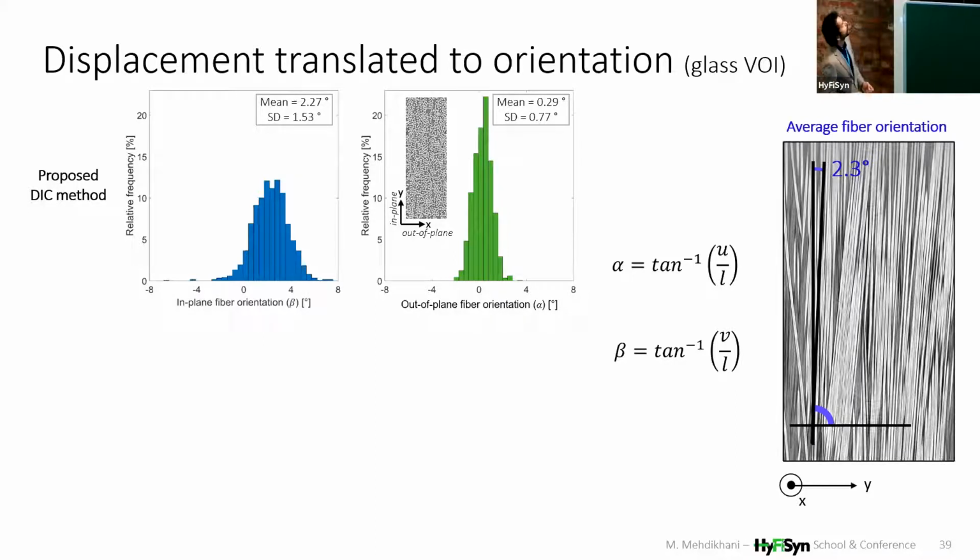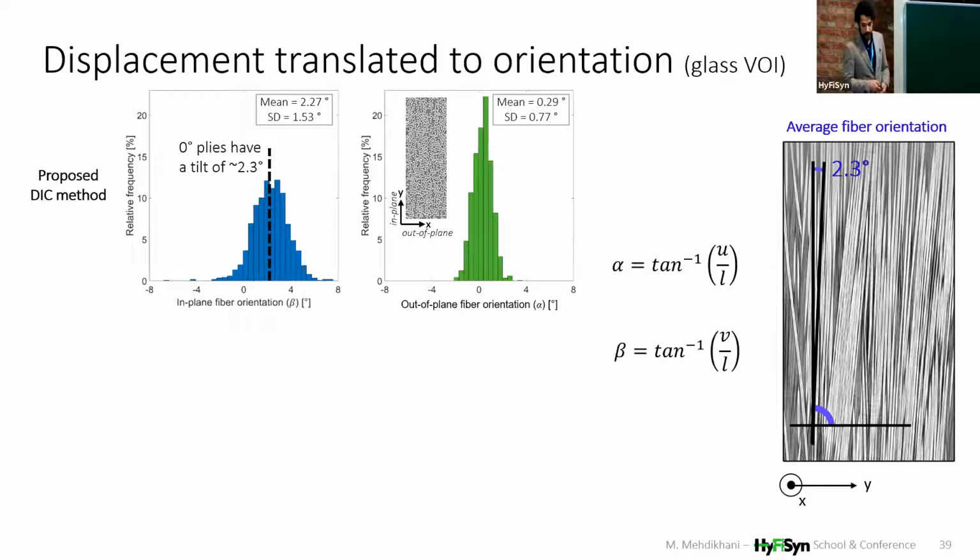And as you can see here, for in-plane orientation, the distribution doesn't center around 0, but it centers around the value of 2.3, more or less, which means that the sample has a global tilt with regard to the scan axis, I would say. And this could be due to the not perfect alignment during the mounting of the specimen or during cutting of the specimen.